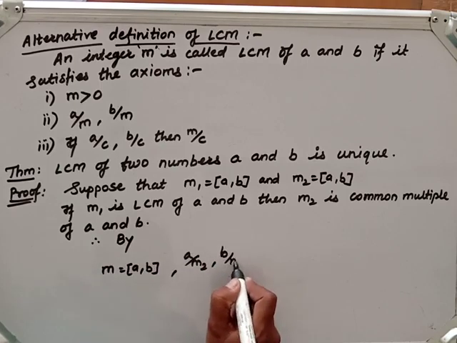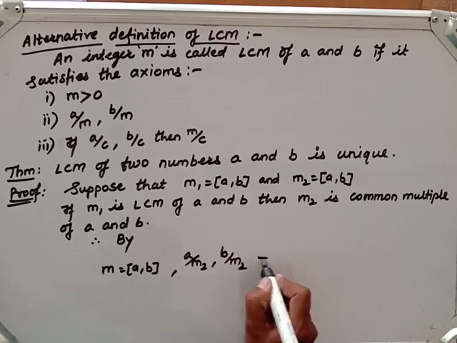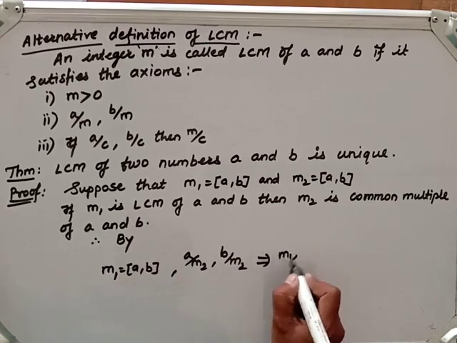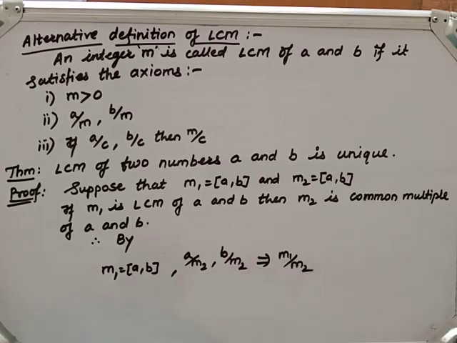B divides M2, A also divides M2. So from this we get M1 divides M2. Fine.